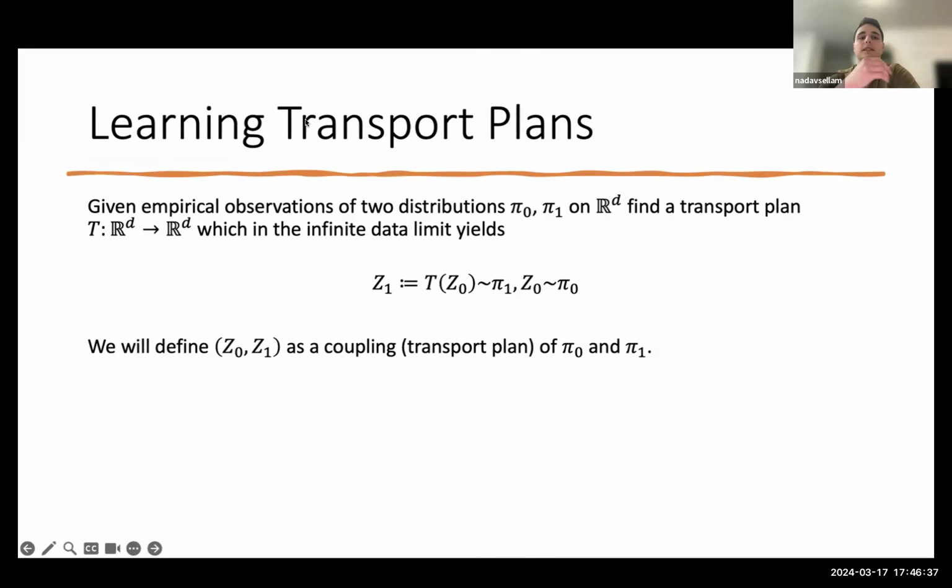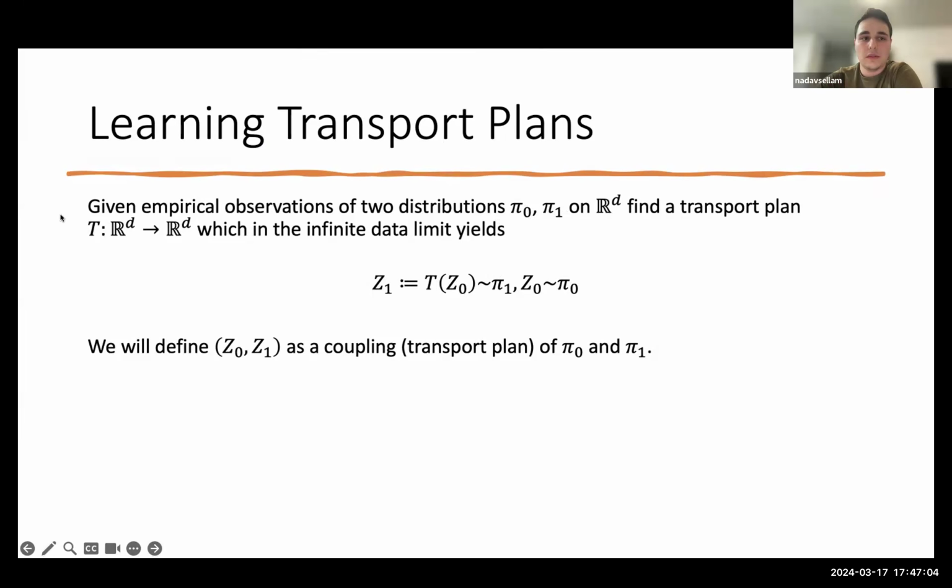So what do I mean by a transport plan? Given two distributions, pi0 and pi1, I want to find a transport plan, which is a function T, that maps one distribution to the other. So assuming I have Z0, which is a cluster of points drawn from the distribution pi0, then I want to find a function T such that T of Z0 would be equal to Z1, which is a cluster of points drawn from pi1.